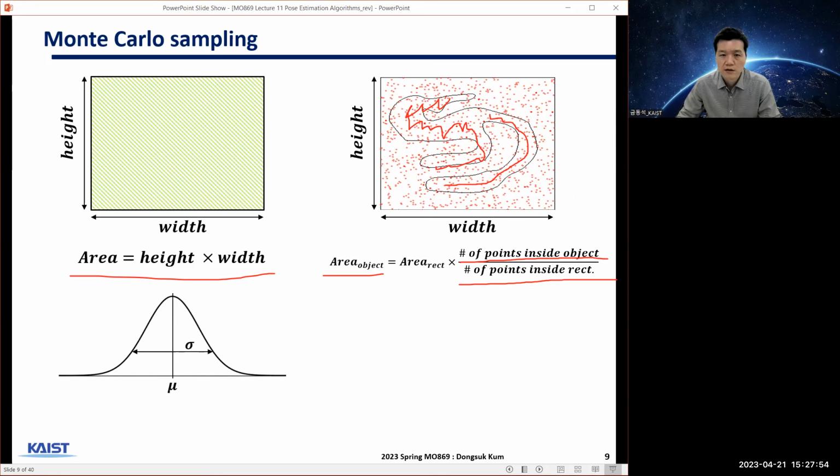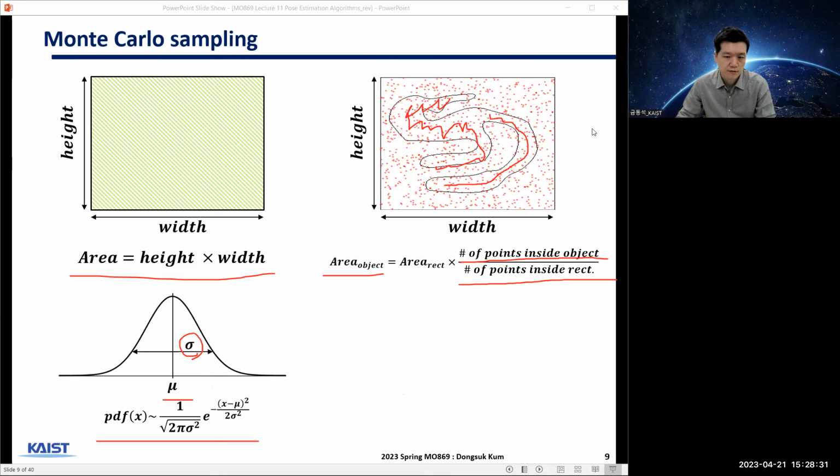And in this case, if you start with a Gaussian distribution, we know that the probability density function looks something like this for a normal distribution with mean and covariance.